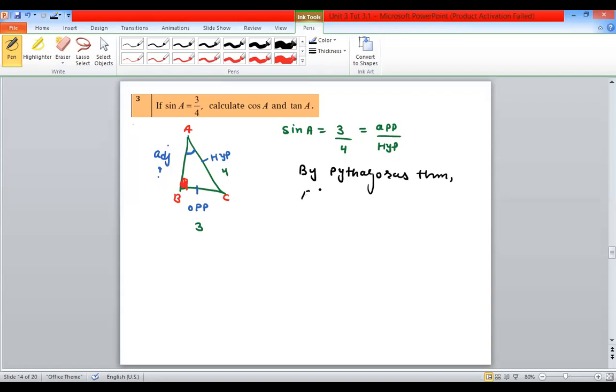Pythagoras says AC square is equal to AB square plus BC square. BC is given 3 unit and AC is given 4 unit. I need this length.